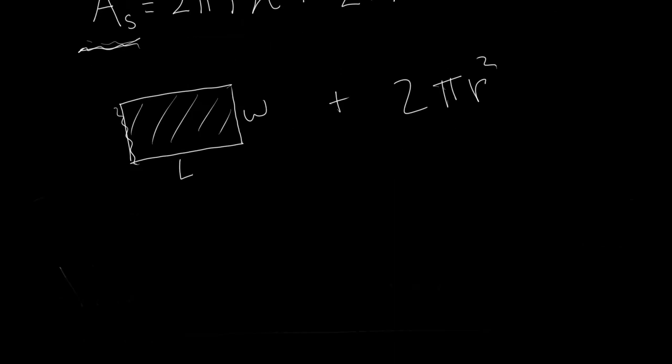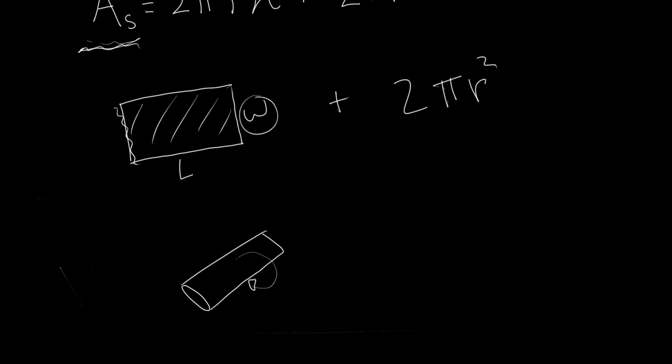So if we're given any kind of cylinder, you can't just take the length and width of the unrolled version of this. So you have to do a little bit of math. You're usually given the diameter or the radius of the cylinder, right? But what we really need is this width.